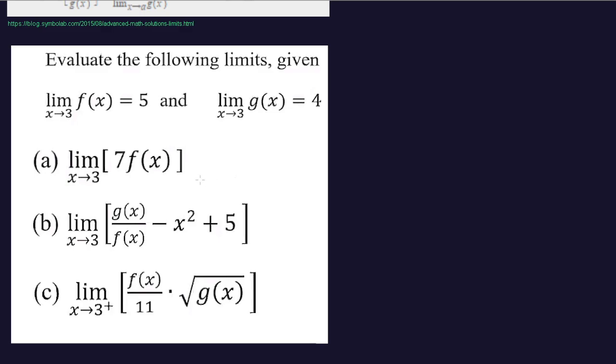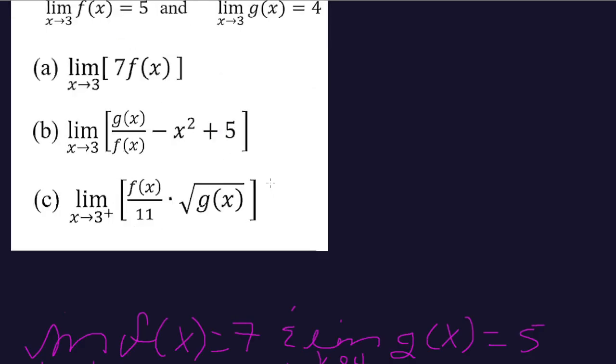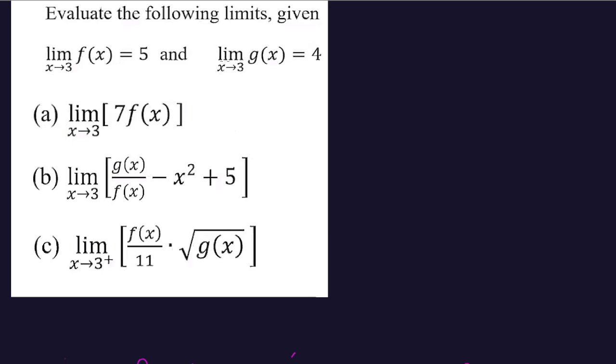Okay, so here we have g of x divided by f of x, which both of these have their limits, which are shown here above. G of x is 4 divided by 5 minus this here, which is its own separate function, so it's going to be 9 plus 5.